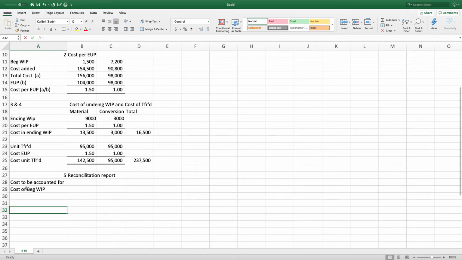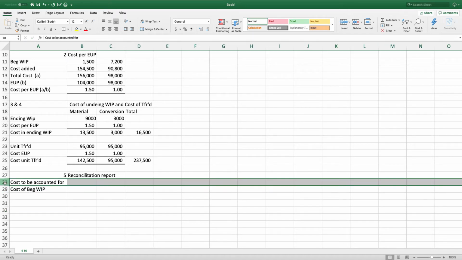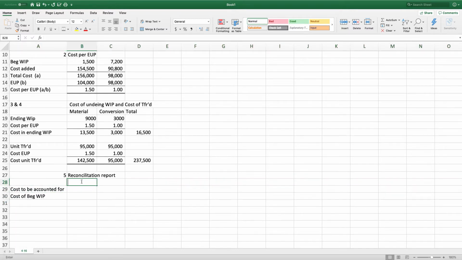So to figure this out, all we got to do is go to the book, right? And they give us the cost in beginning WIP with respect to material and the cost of beginning WIP with respect to conversion cost. So what is the cost of beginning WIP with material?